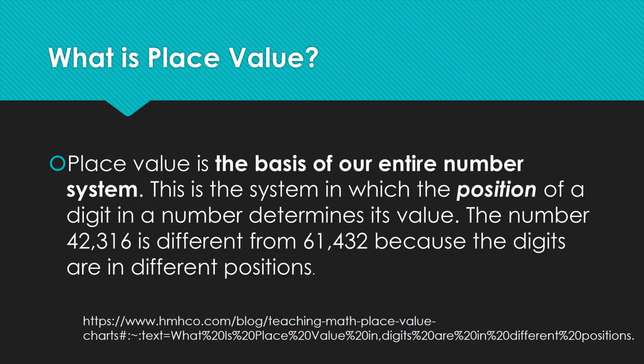Similarly with here, the 4 is in the hundredths place, that's its place value, hundredths. Further on within the video, we will look at value and what that means. The link you see here will be posted in the description box so that you can do additional reading.